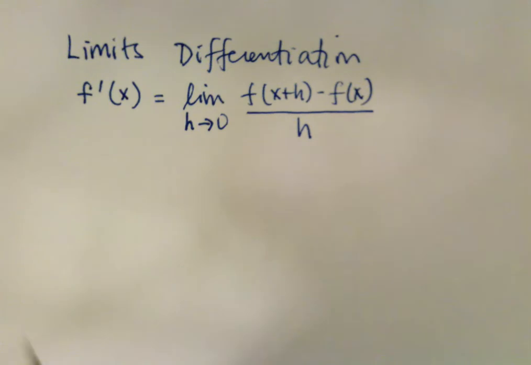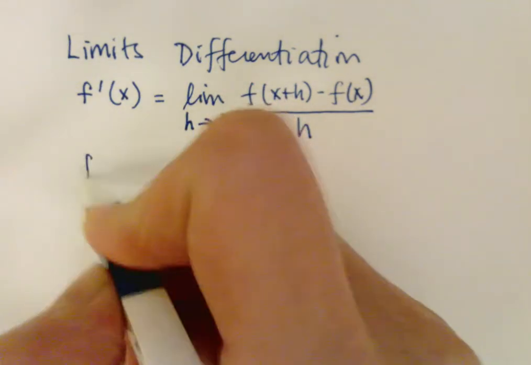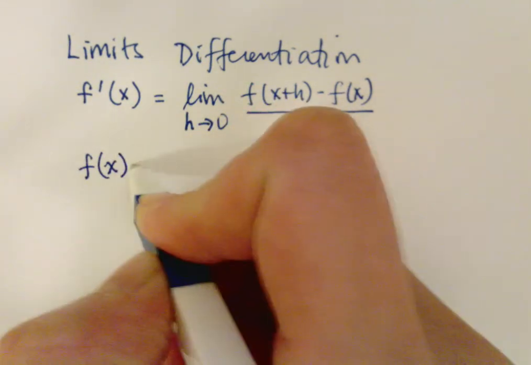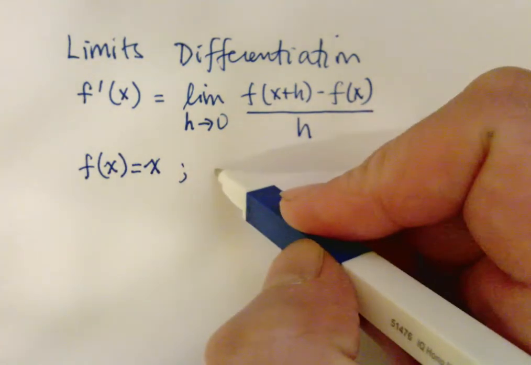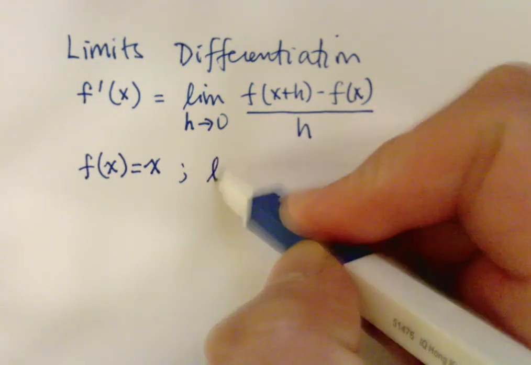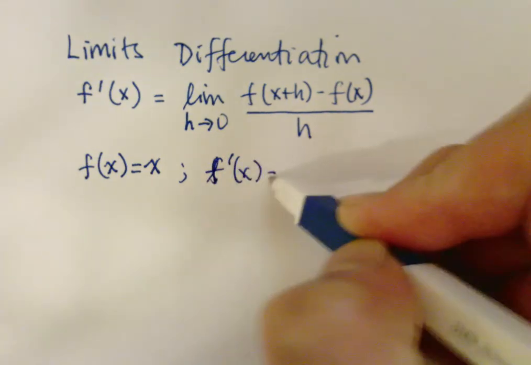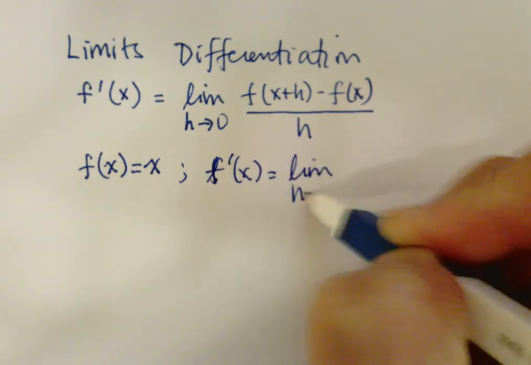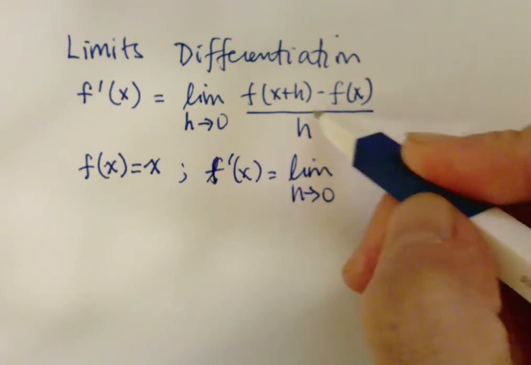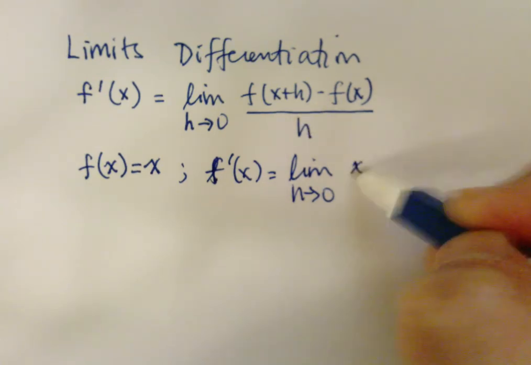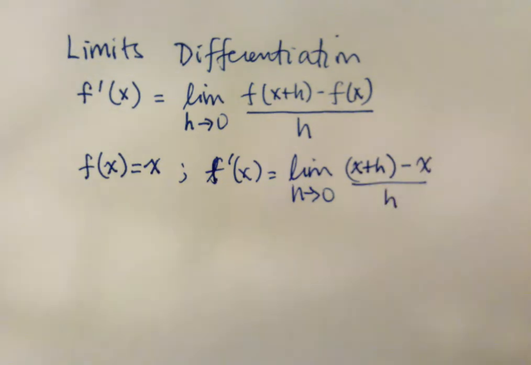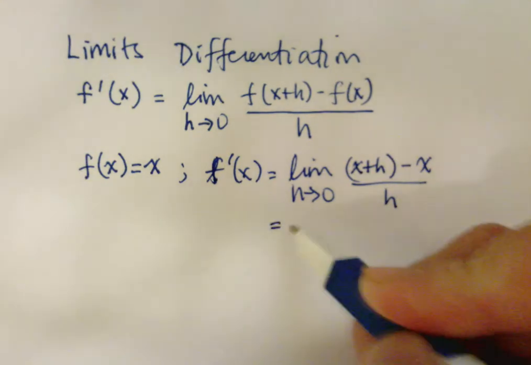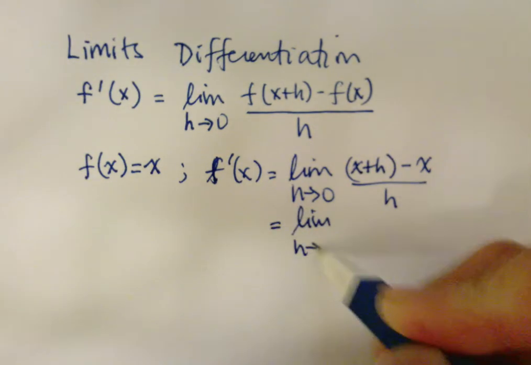Let's start simple. Let f of x equal x. Then we have f prime of x is the limit as h goes to 0 of f of x plus h, which is just x plus h, minus x over h, equals the limit as h goes to 0.